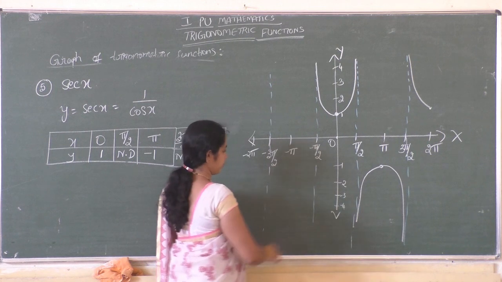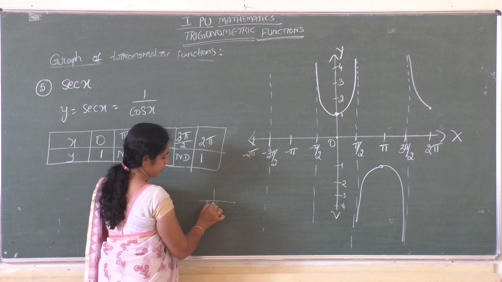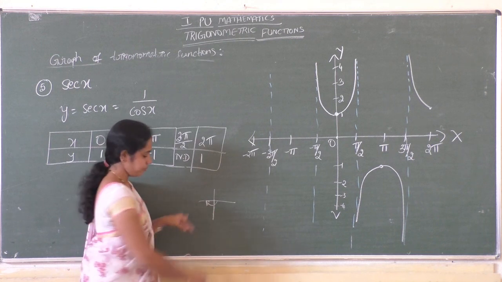Secant of minus pi, from minus pi by 2 to minus pi.